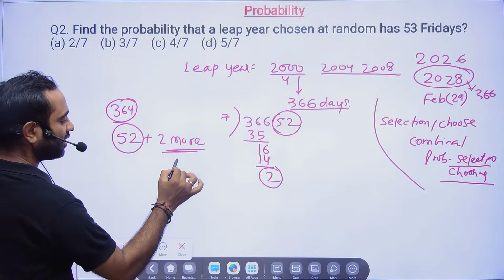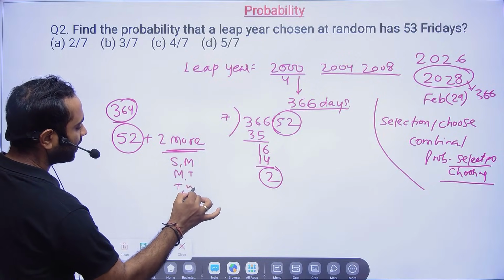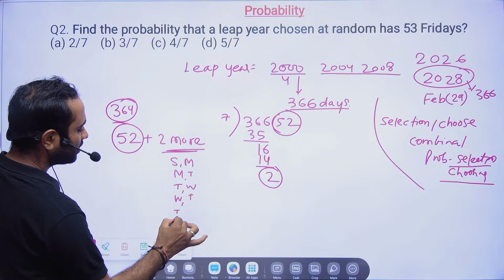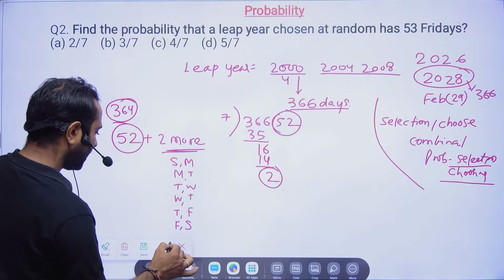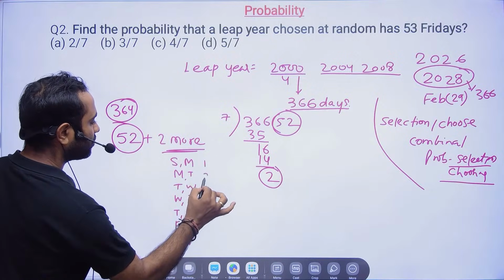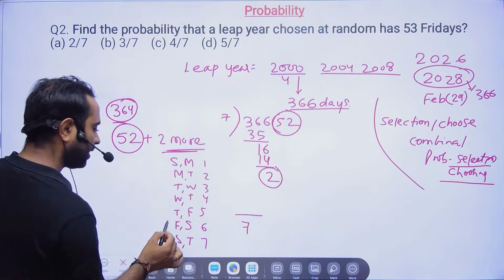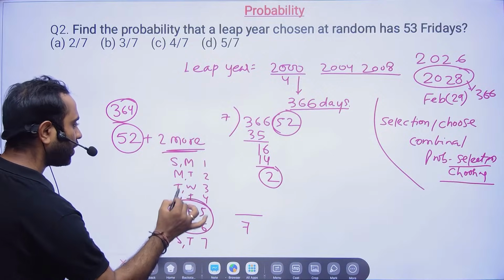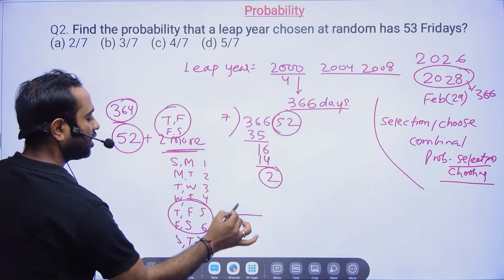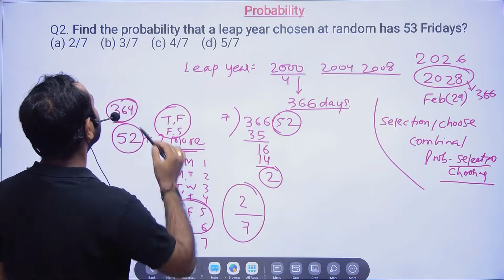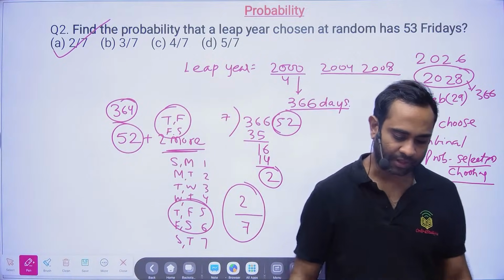These 2 days may be Sunday-Monday, Monday-Tuesday, Tuesday-Wednesday, Wednesday-Thursday, Thursday-Friday, Friday-Saturday, and Saturday-Sunday. So total 7 possibilities are there. If these 2 days fall either on Thursday-Friday or Friday-Saturday, then only I will have 53 Fridays. So 2 by 7, option A, is the correct answer. That's all.